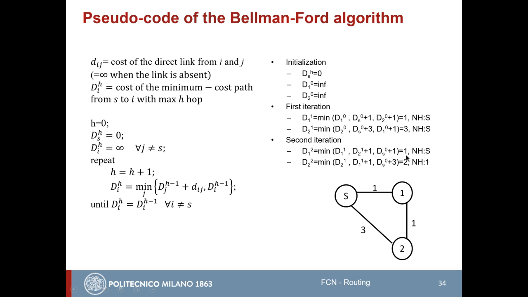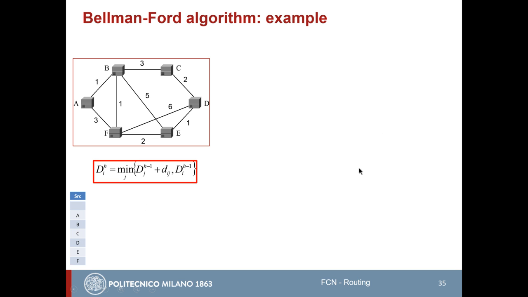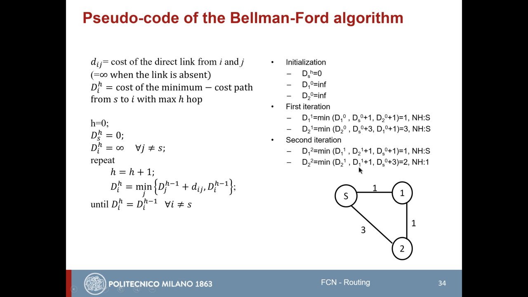So the final result is 1. In the case of node 2, the previous distance was 3. Then we have the distance of node 1 at the previous step, which was 1, plus 1 is 2. And then we have the distance of the source node plus 3. The minimum is 2.